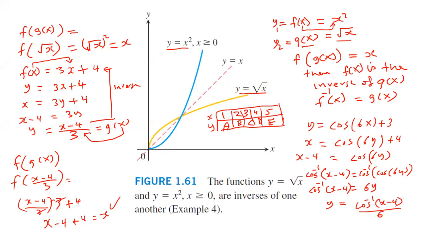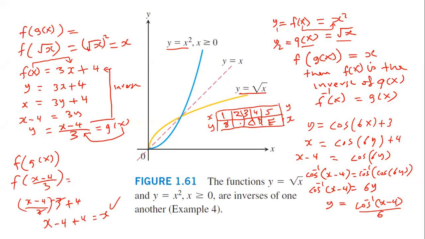To do the inverse of this function, all you need to do is make X equal to Y and Y equal to X. So I'm just going to make this one X and this one Y.